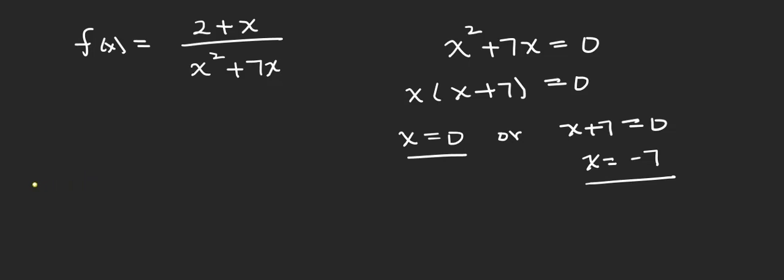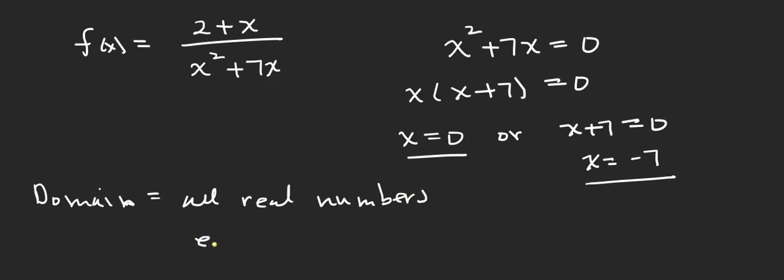So domain is all real numbers except x equals 0 or x equals negative 7. So again, as long as x is not equal to 0 or negative 7, then this function will exist. So domain is all real numbers except x equals 0 or x equals negative 7.